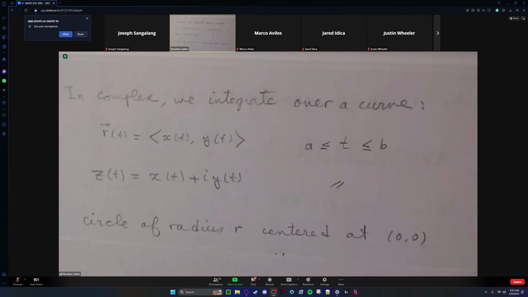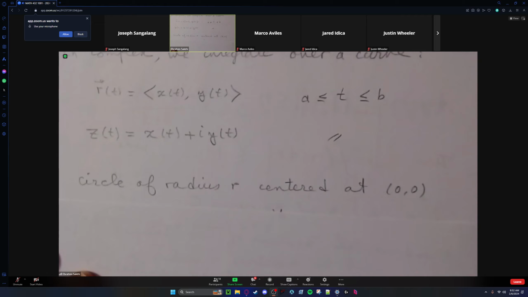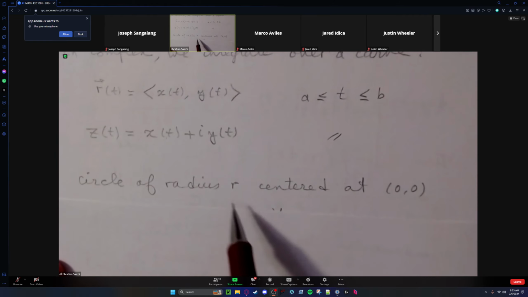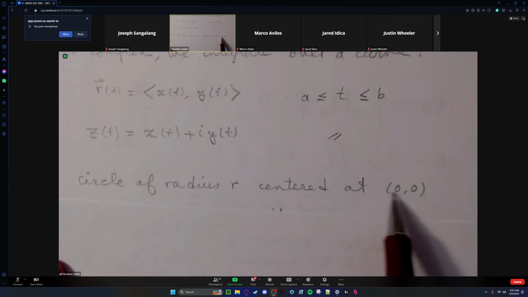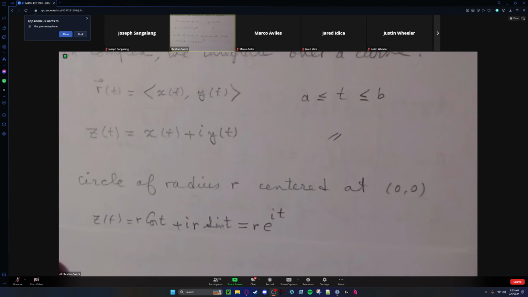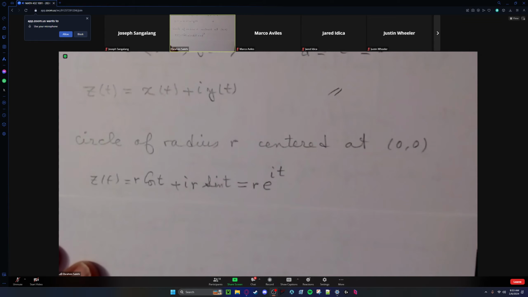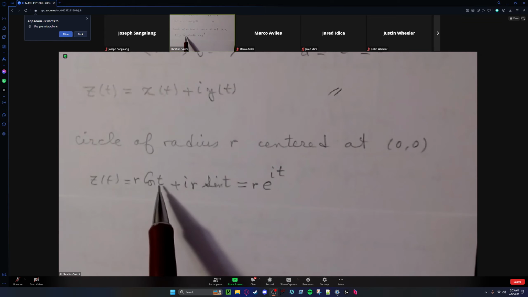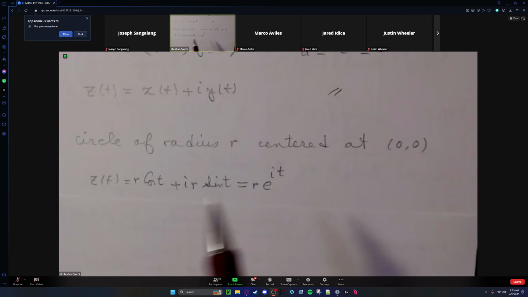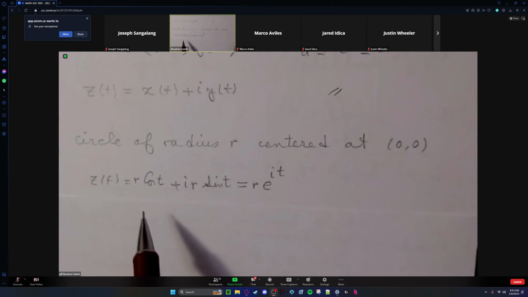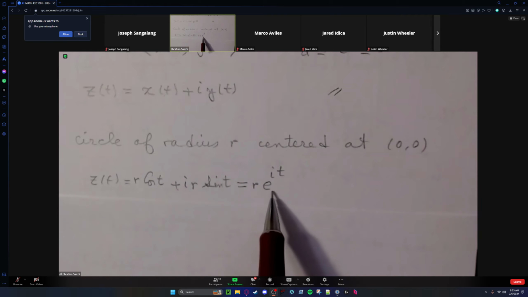For example, you might have a circle, okay? A circle of radius r, centered at 0. How do we denote that? Here is a circle of radius r. For different t's, you get different points of that circle. Well, we can use Euler's identity and write it this way.